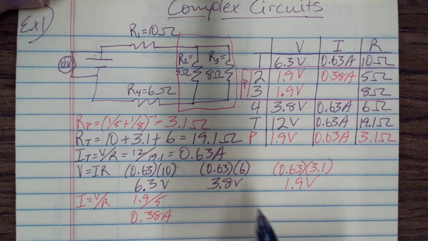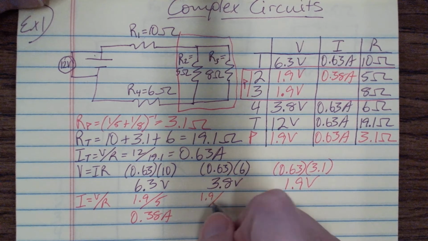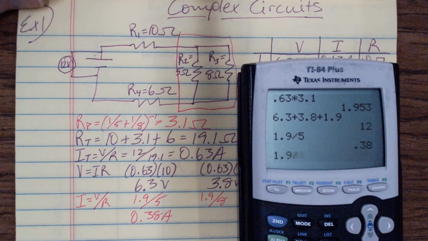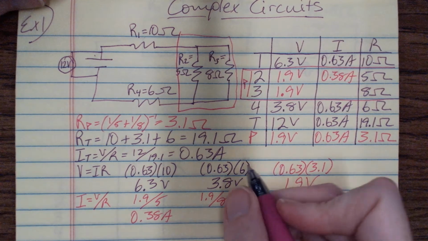And for resistor number 3, it would be 1.9 divided by 8. And it's about 0.24.